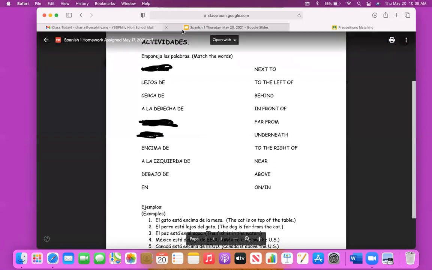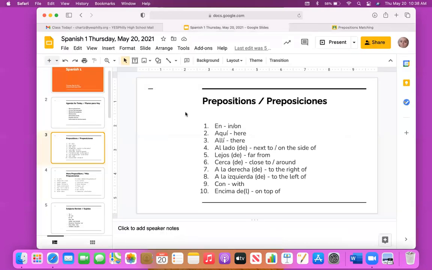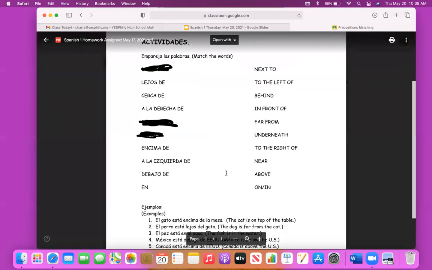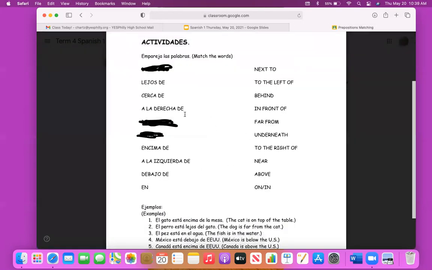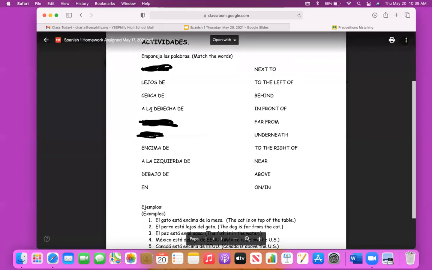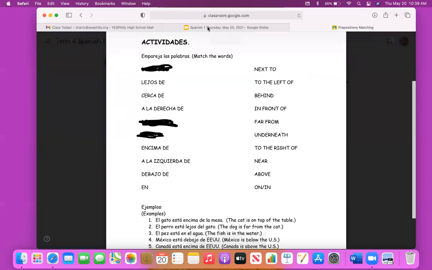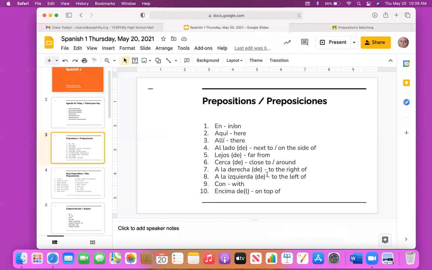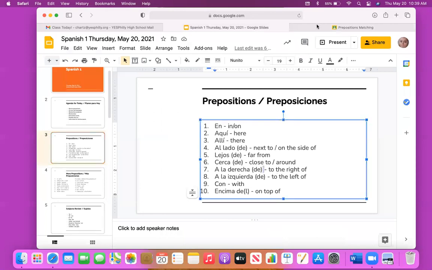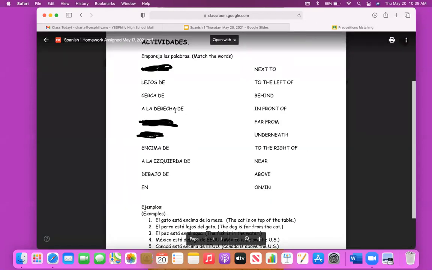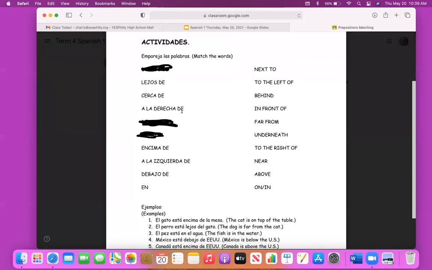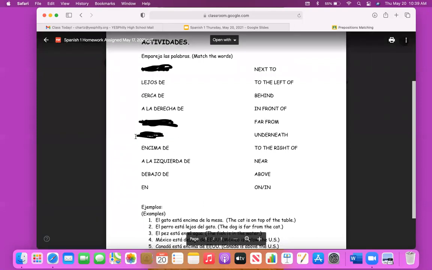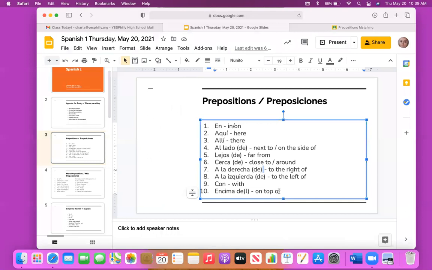Cerca de is the opposite of lejos de. Cerca is right here, close to or around. So near, same thing. Yep. A la derecha de, let's go here. Oh, you see it's to the right of, right? So you would match that with right here. Encima de, so here, oh, and we see it means on top of.